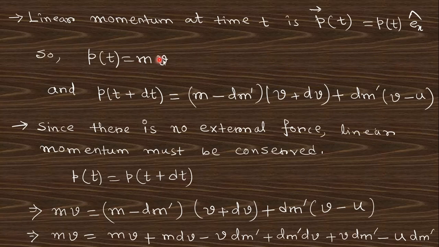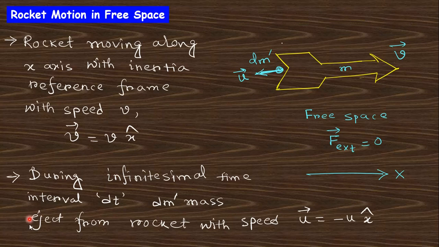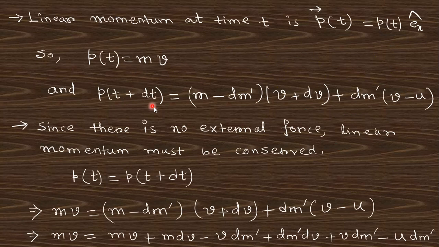Now the linear momentum at time t, p at t, is mass into velocity, mv. At time t plus dt the mass of the rocket is reduced and its velocity is increased. So this is m into v, the momentum of the rocket, and this is the momentum of the fuel.